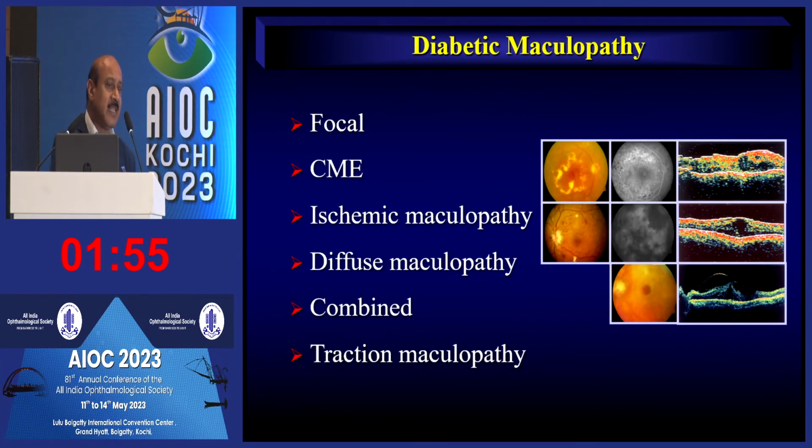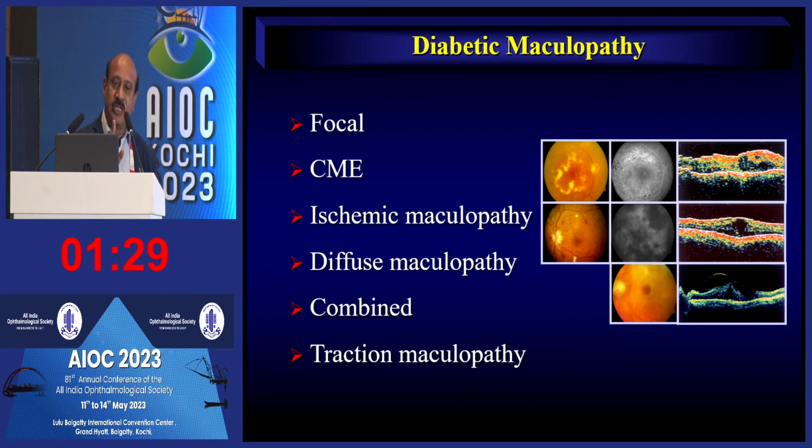Then in the clinic, you should not only concentrate on diabetic macular edema. There are other forms of diabetic maculopathy. Either it could be a cystoid macular edema or focal macular edema, ischemic maculopathy, or a combined diffuse and focal cystoid macular edema, or ischemic maculopathy with cystoid change or with traction.